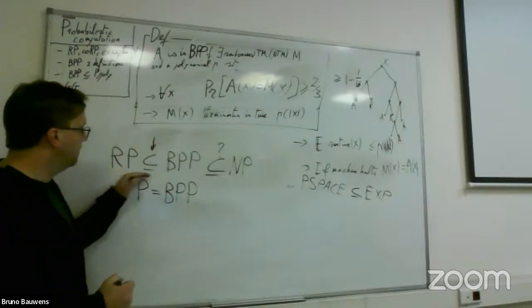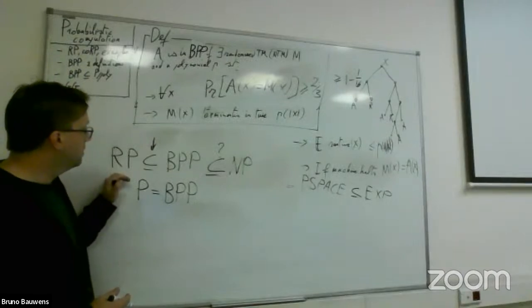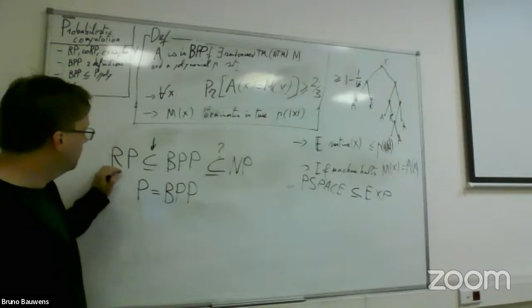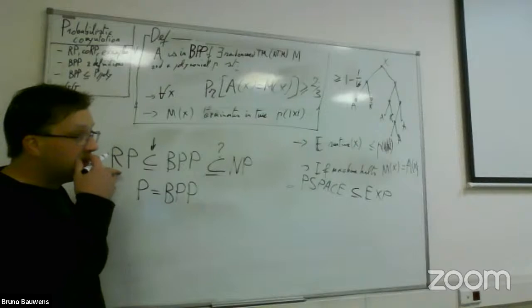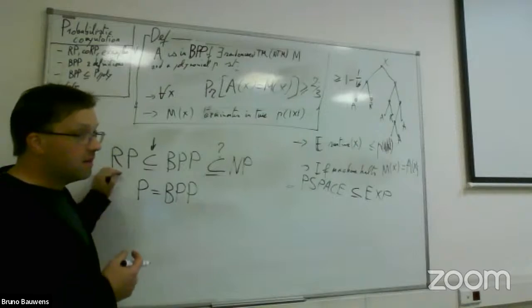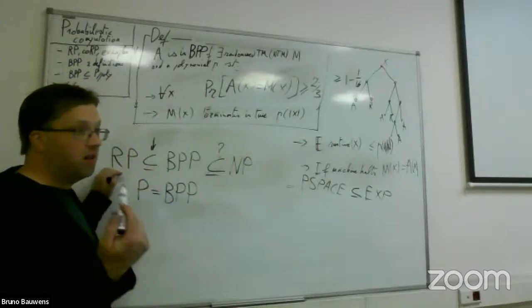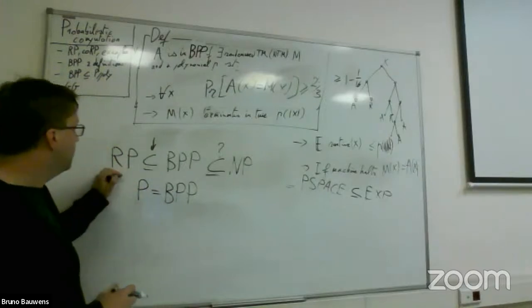But if the word is in the language, then we are accepting with probability 1/2, and it's not greater than 2/3. Yeah, but we can repeat twice, we can change the constant. So yeah, it's okay, I understand. Okay.